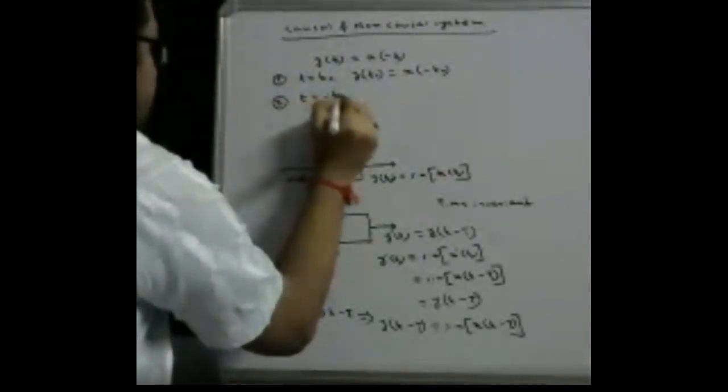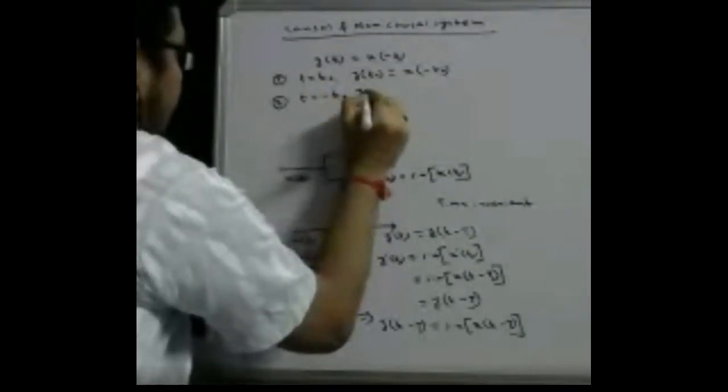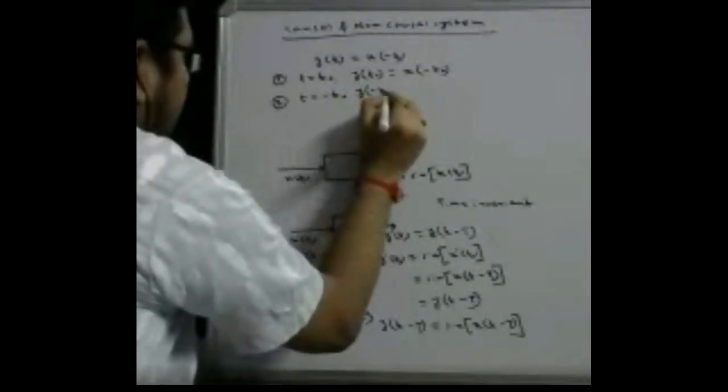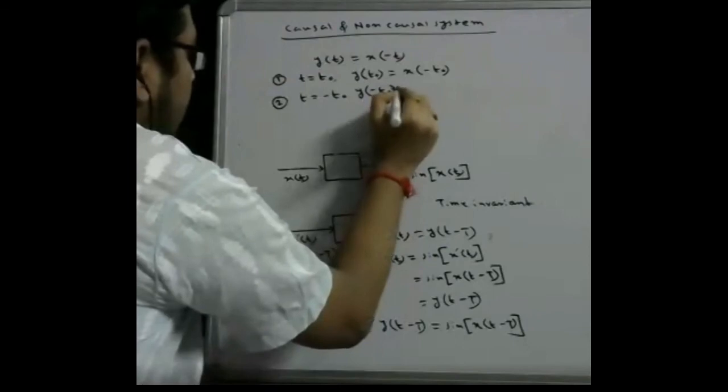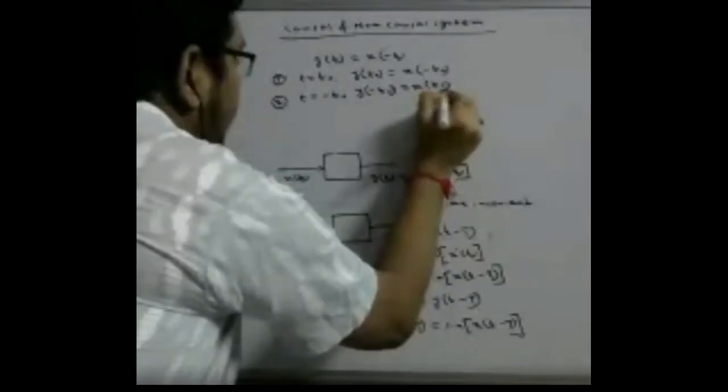Next, we put t equal to −t naught. Then y(−t naught) will be equal to x(t naught). So what does it mean? These are the two conditions.